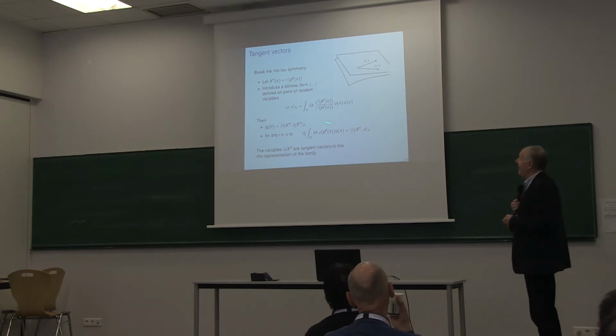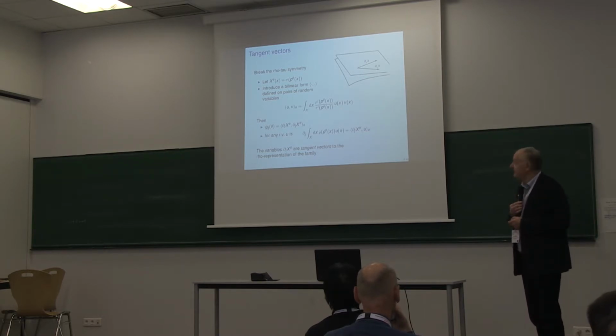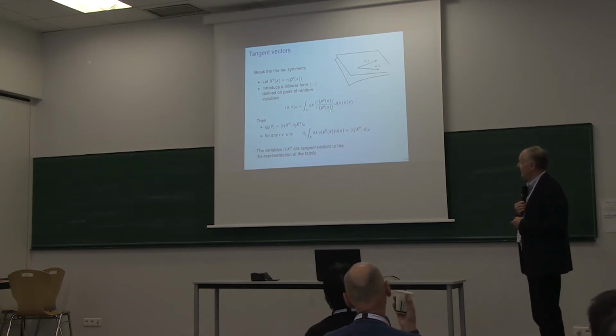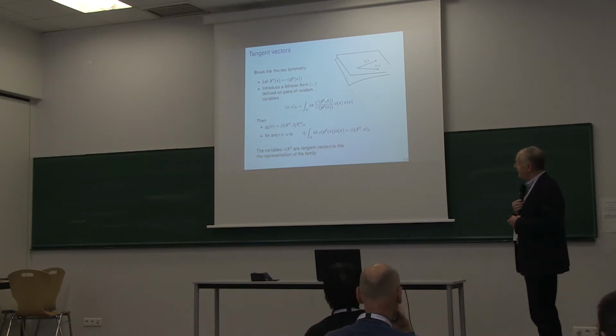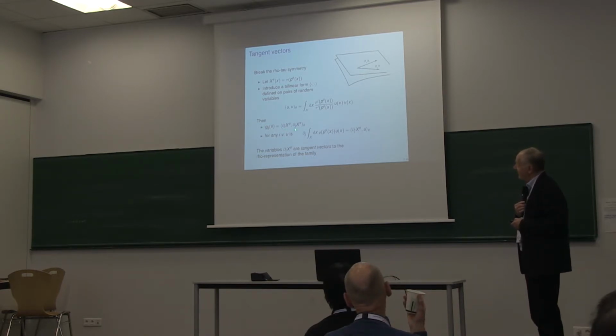Okay? So we have a random variable x, and we then introduce a bilinear form, which is written here, and which also breaks that symmetry. It's rho prime divided by tau prime. And it's chosen in such a way that the metric tensor becomes that inner product, or scalar product, between the derivatives of that random variable x.